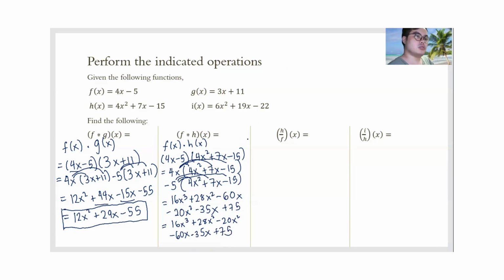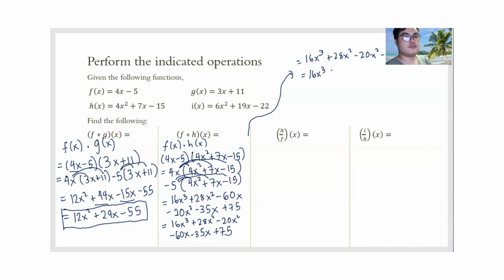Here is the continuation portion for the second question. So 16x cubed. I'll rewrite this solution so all of you can understand. Since 16x cubed is the only term that has the coefficient of x cubed, I'm going to retain this.